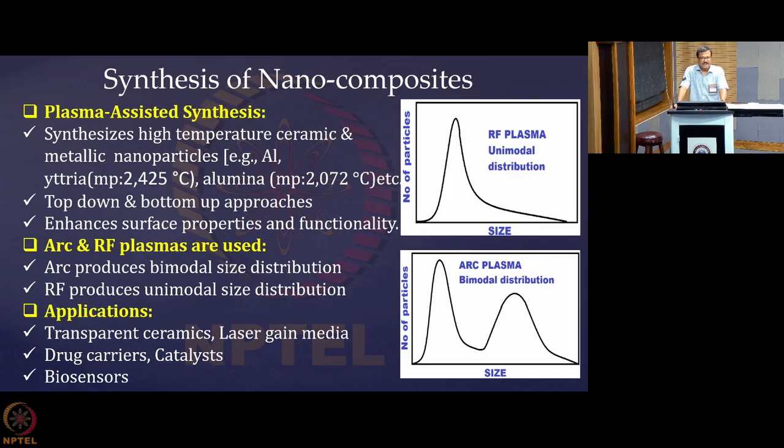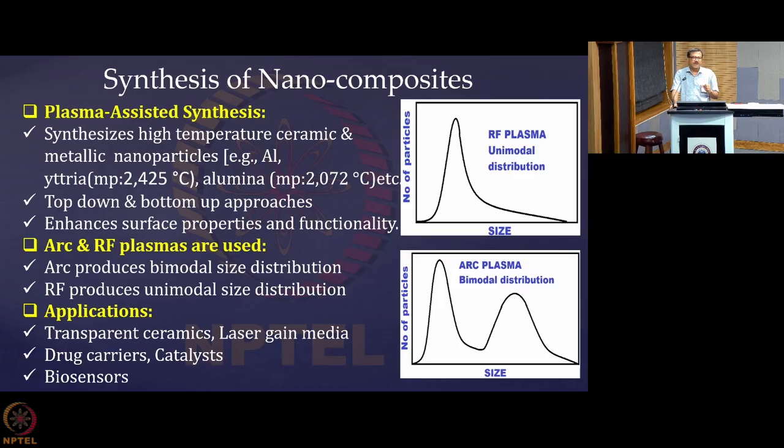They are so important that laser gain media like Nd:YAG, nowadays for inertial confinement, are being made using the ceramic route, and the ingredients in the ceramic route usually start from nanoparticles, and those ceramic nanoparticles can be produced using this plasma in a much better way.